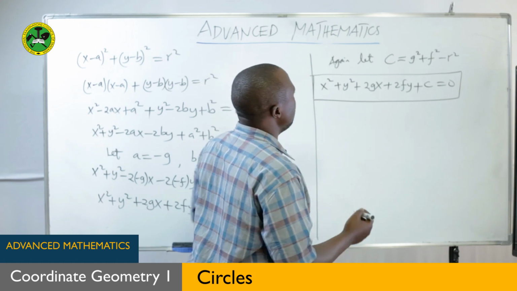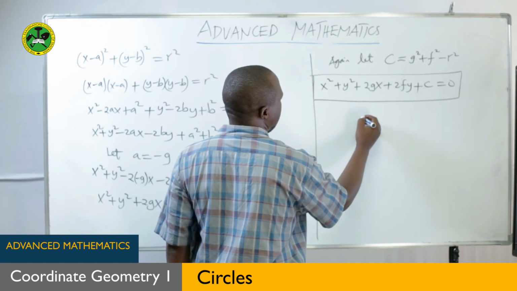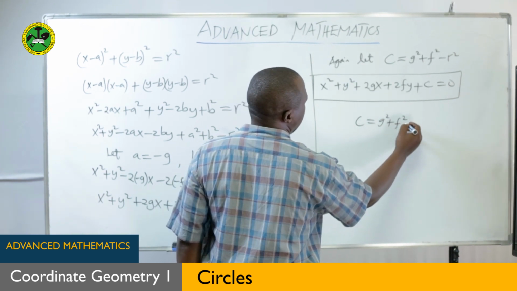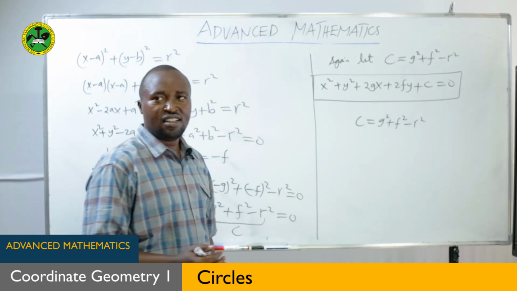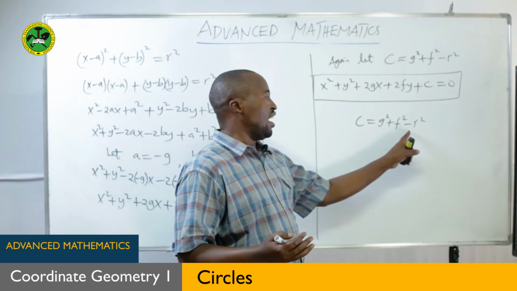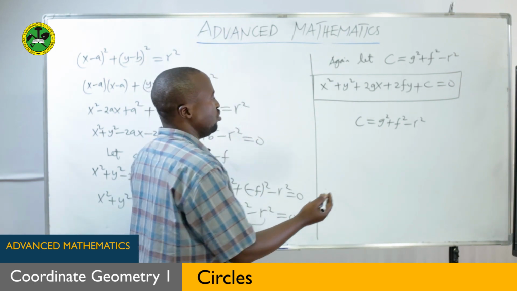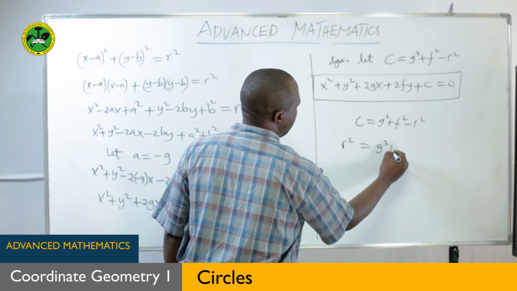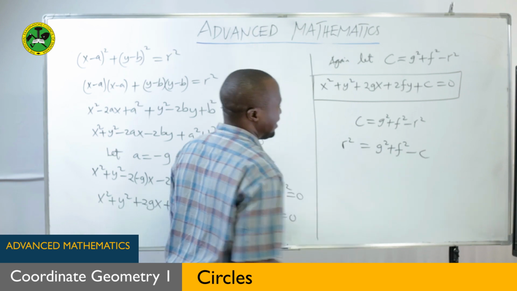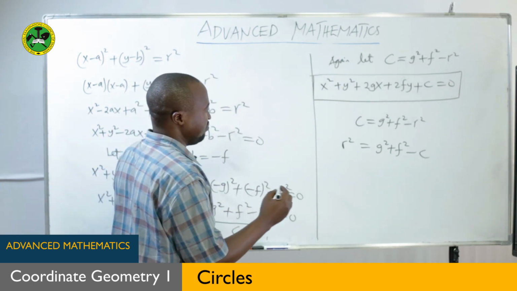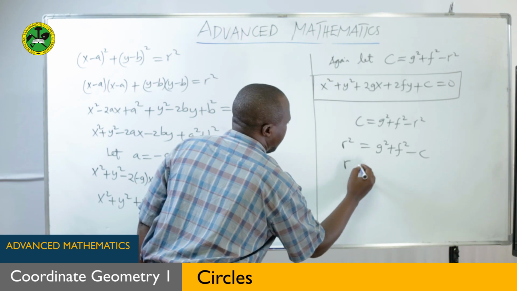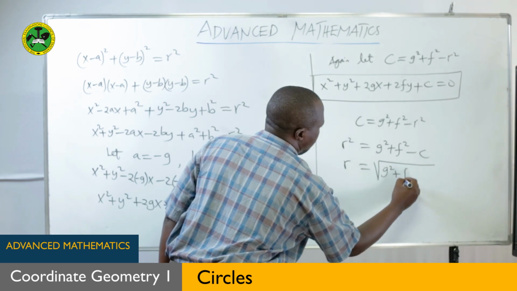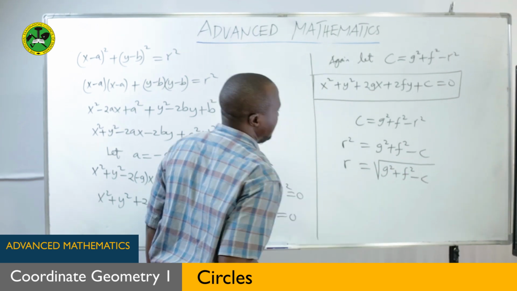So again, let us come back to our c. We said c is equal to g squared plus f squared minus r squared. This time we are going to make r the subject. So we shift r, and this side we are going to have r squared is equal to g squared plus f squared minus c. So in this case, r will be equal to the square root of g squared plus f squared minus c.